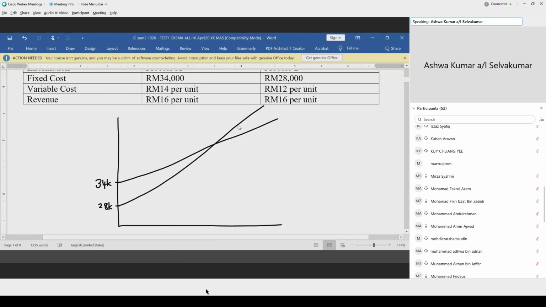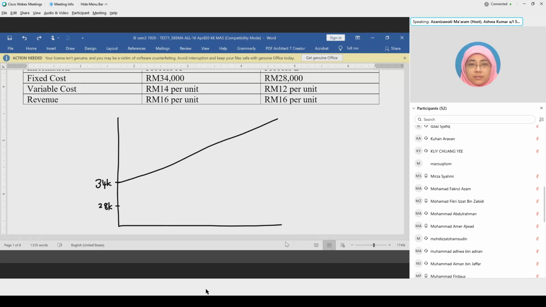Oh, wait. There is one more thing you have to know. In order to know the slope of the line, it depends on the variable cost.